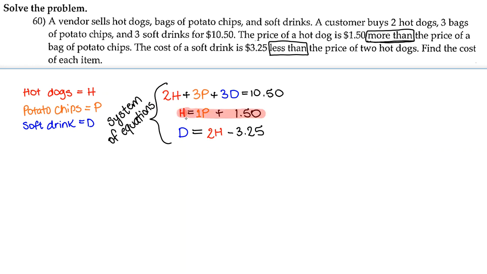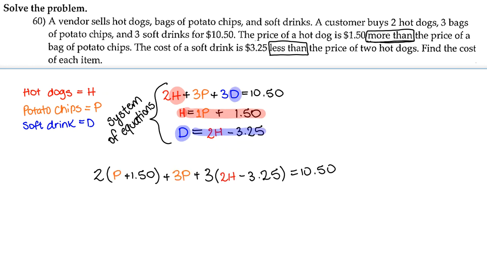In the second equation, the h is equal to the rest of the equation, so I can go ahead and plug that in for the h here. And for the third equation, my d is equal to the rest of the equation, and so I can plug that in, or substitute it, for the d up here. By plugging that in, we get 2 times (p plus 1.50) plus 3p plus 3 times (2h minus 3.25) equals $10.50.